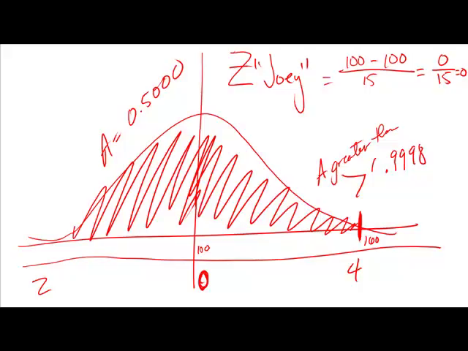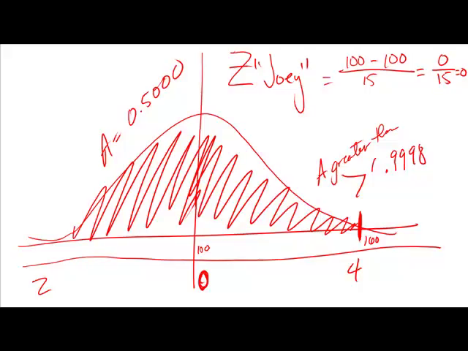So tenths, hundredths, thousandths, 10,000ths. If you had 10,000 people surveyed, Einstein would be in the top 2 people. Does that make sense? That's how rare a z-score of 4 is.